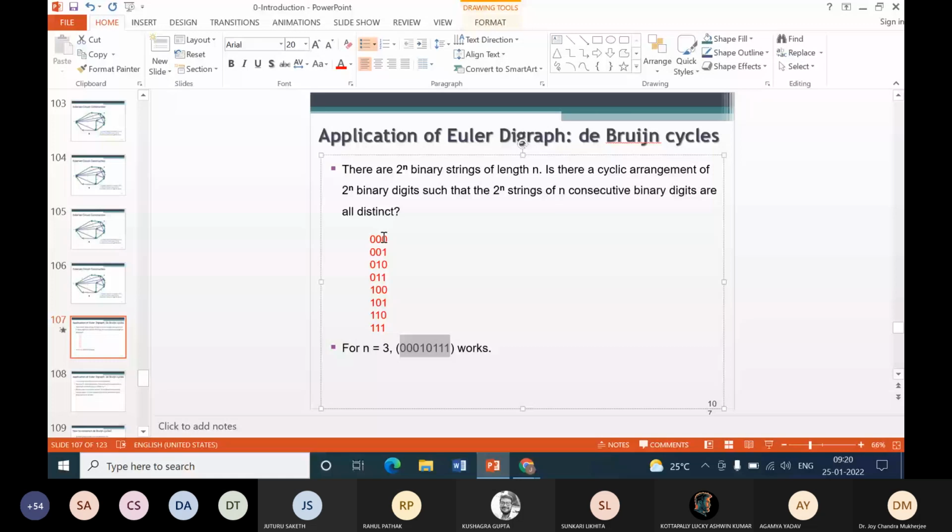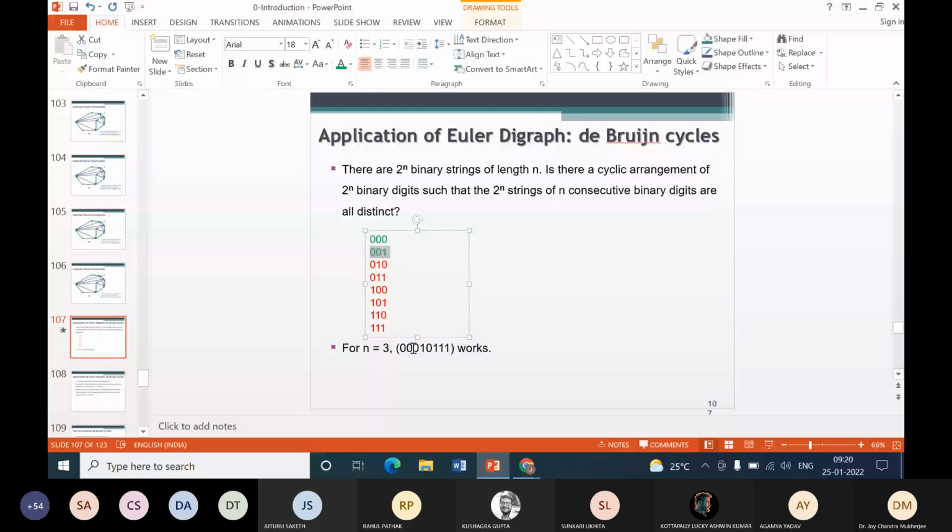You can check, like 0 0 0. Okay, so I marked 0 0 0. It is green. Then next one is 0 0 1. So 0 0 1 is also there. Then 0 1 0.